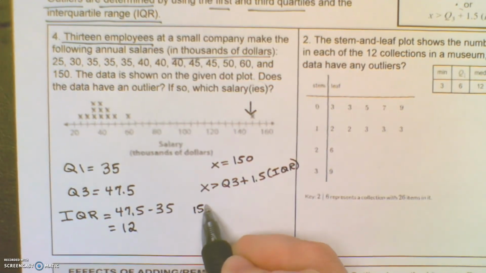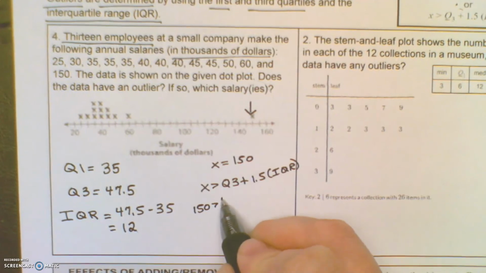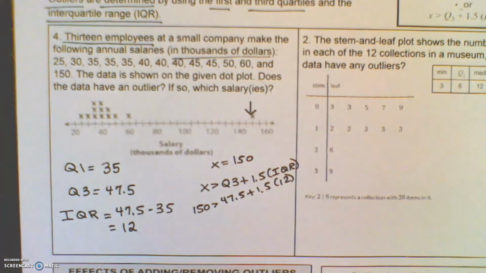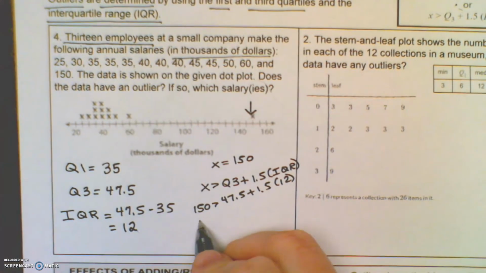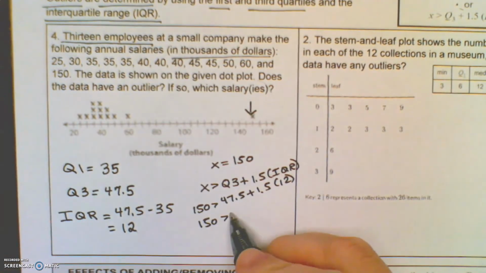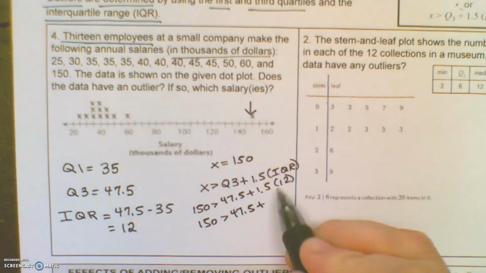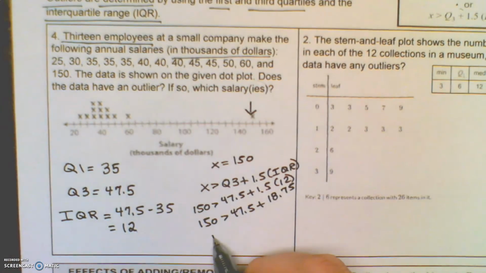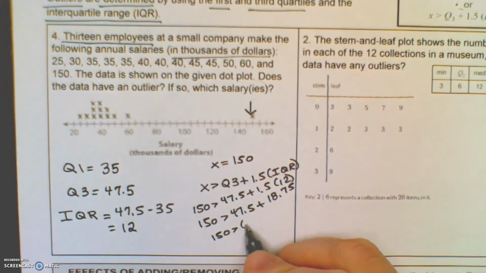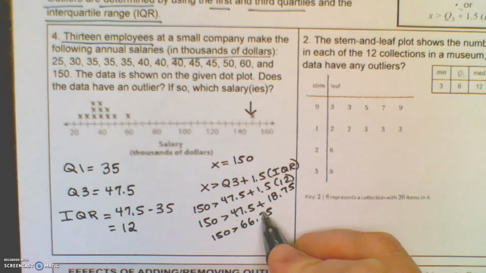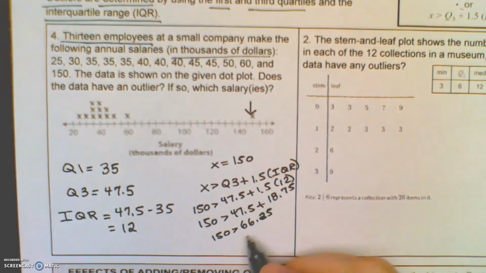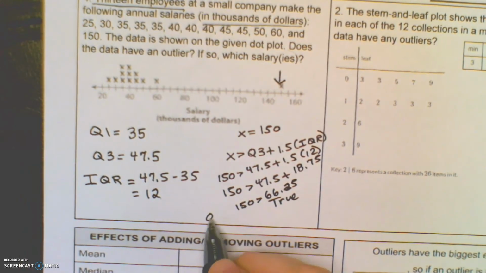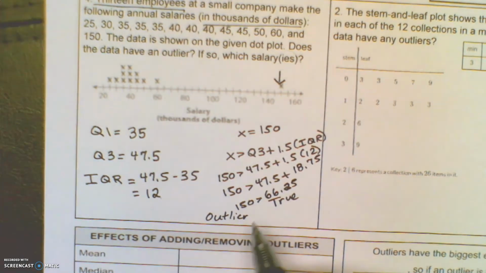So 150 is greater than quartile 3 plus the interquartile range times 1.5. 47.5, if we multiply, we get 18.75. Adding, we get 66.25. This is a true statement. So we could say 150 is an outlier.